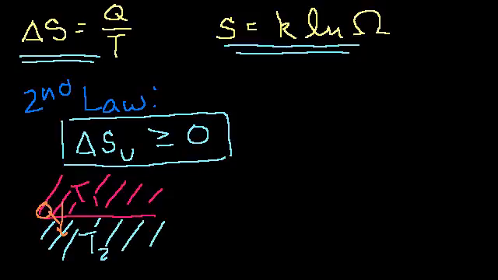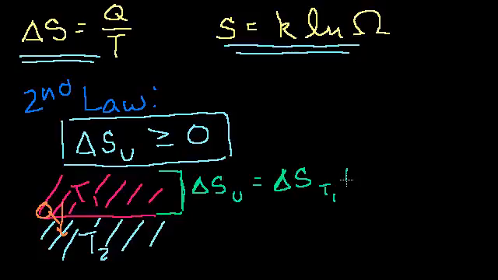So what's happening here? What's the net change in entropy? The second law of thermodynamics says that the change in entropy for the universe is greater than 0, but in this case that's equal to the change in entropy for system 1, that's this hot system up here, plus the change in entropy for system 2.